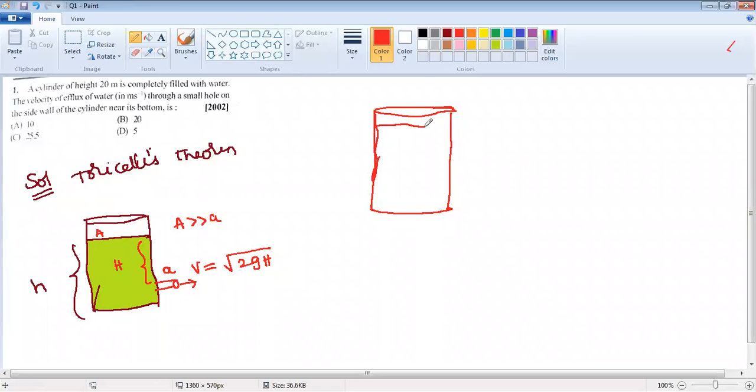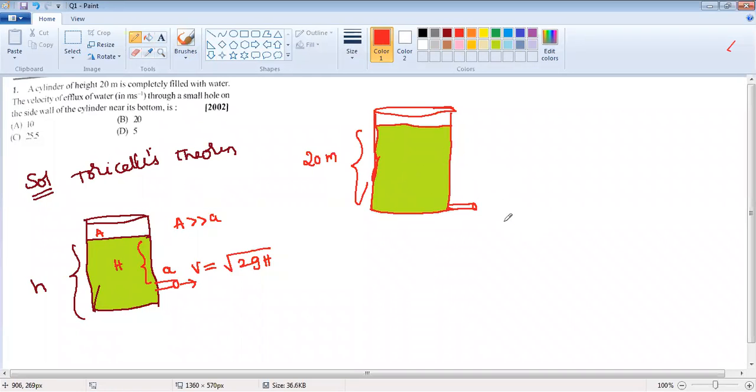Now, this is up to the 20 meter. Now the small hole at the bottom, this is an orifice here.